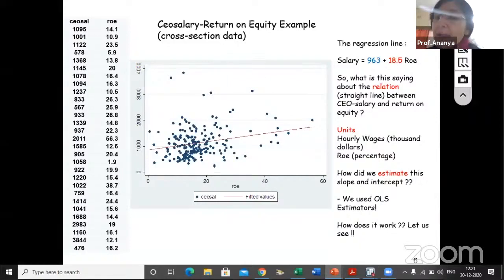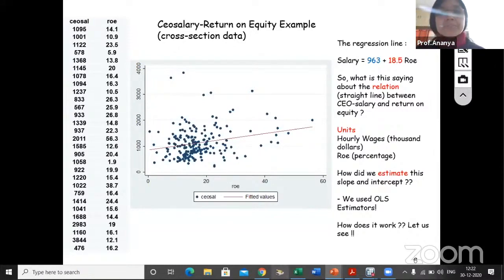For a percentage point increase in ROE, because ROE is measured in percentages, when a firm's ROE increases by 1 percentage point, its CEO gets paid 18.5 into $1,000, that's $18,500 more. That's how much more a CEO is paid for a firm which has ROE 1 unit higher. All right. And I just have a couple more examples.